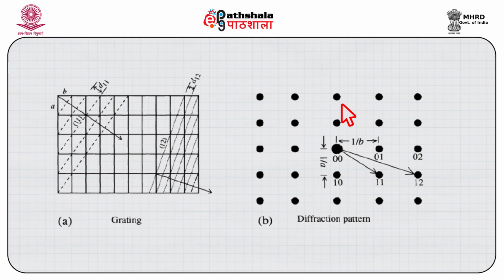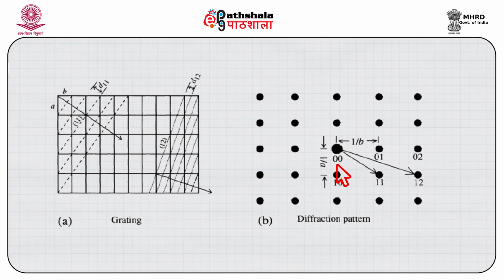For example, this is the distance which is 1 inverse of the B axis. The B axis is this, and we see that in the diffraction pattern it is the inverse of the B axis. The direction of the vector from the origin to a spot is normal to the spacing to which it refers. And the second point which we had observed earlier, that is the normal relationship, can be seen here.